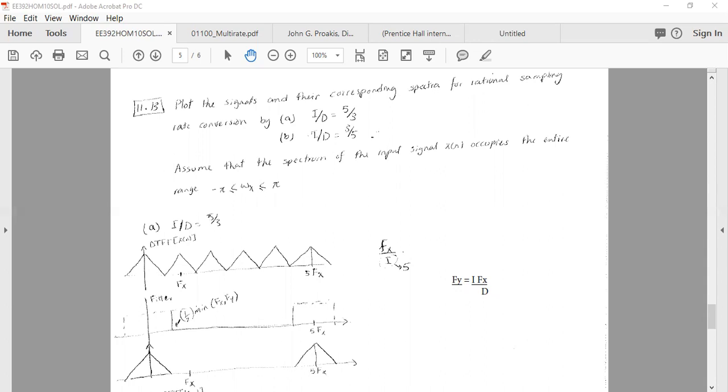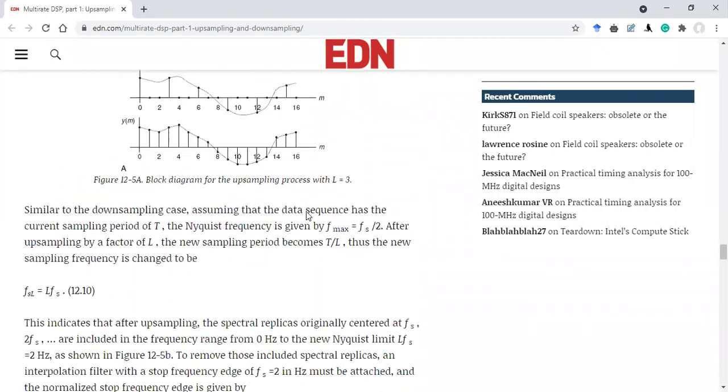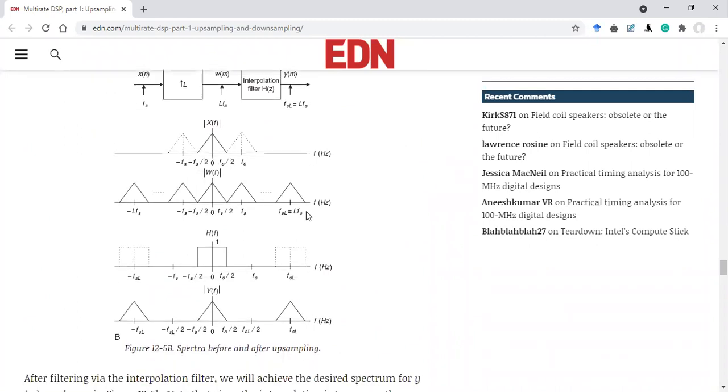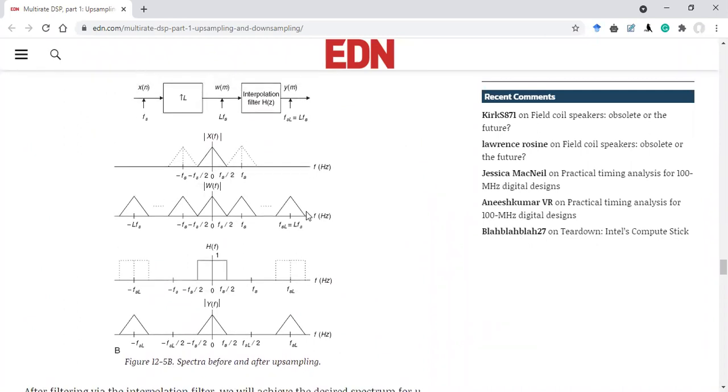Let me share that particular screen. Okay, let me take you back here. So for an upsampler, this is what is happening here. What happens when you pass it through the upsampling block?